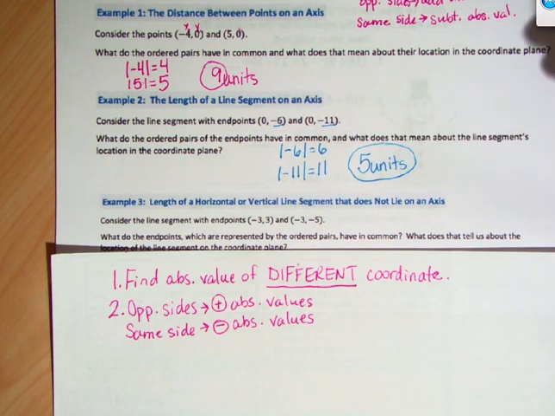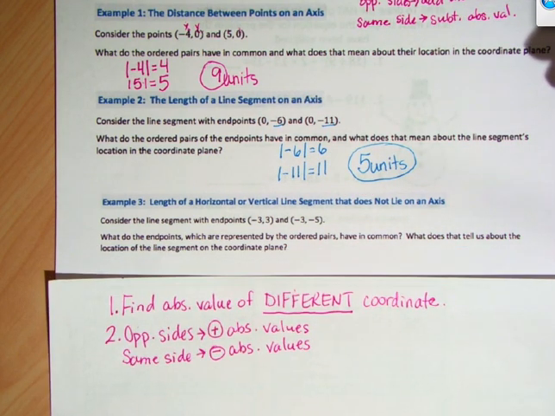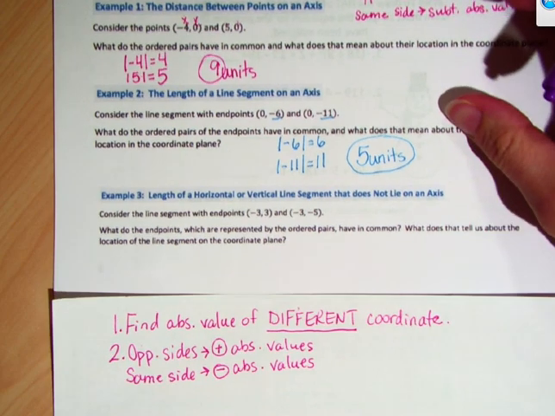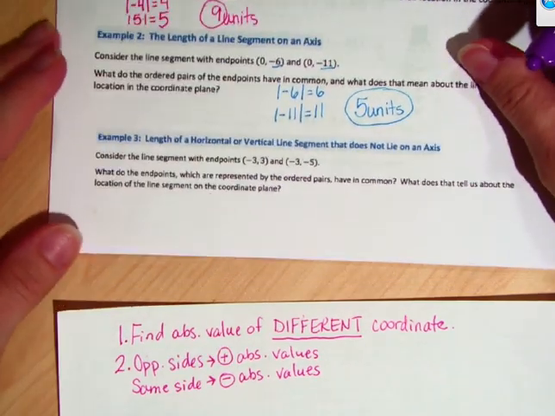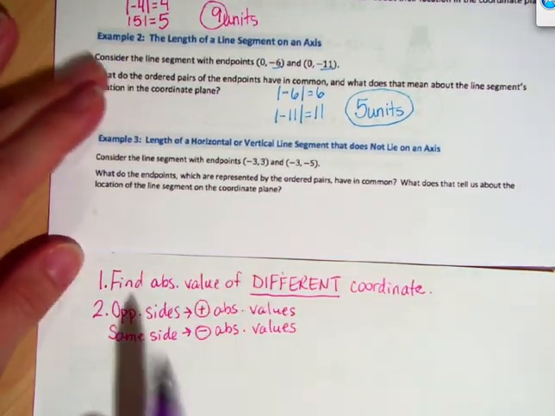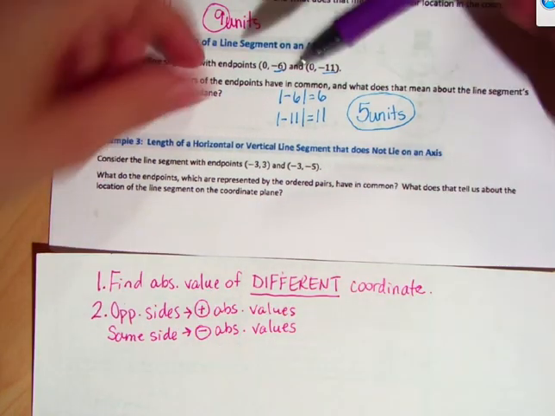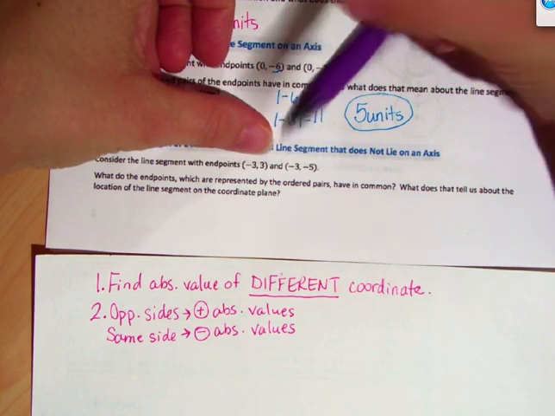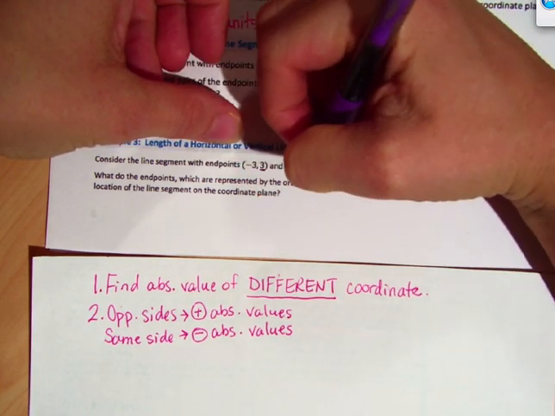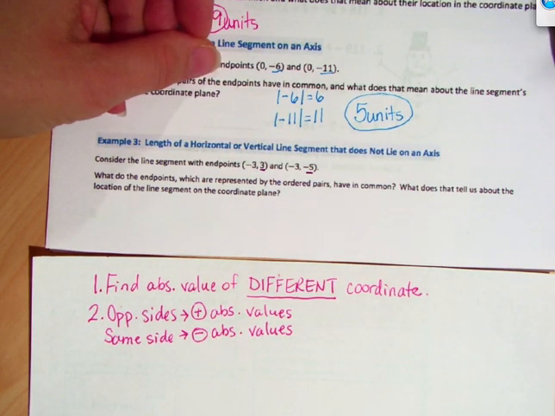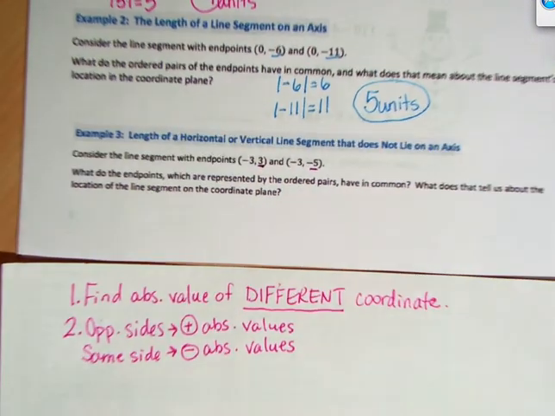Okay, let's follow our steps and find how far it is from one point to the other. Step 1, find the absolute value of the different coordinates. This one is the same, so we're going to find the absolute value of this one and this one. I'm going to zoom in a little so you can see a little closer.